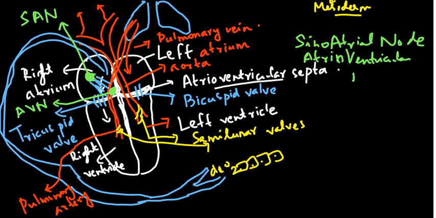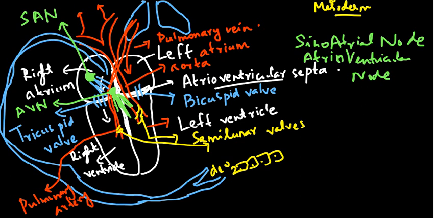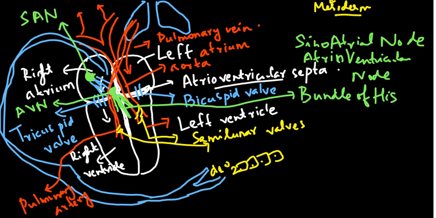The atrioventricular node also sends electrical impulses that pass through nerve fibers called the bundle of His. The bundle of His will branch to the left side and the right side of the heart, that is in the ventricles.